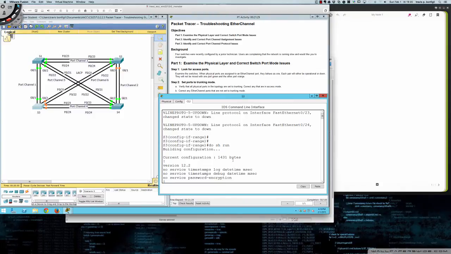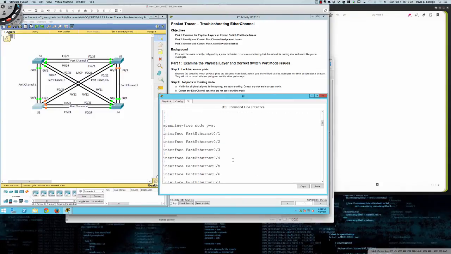Let's get to the top. Hopefully I still got the rollback, and we don't, but it should have been in order, so we're going to say port channel 4. So we're going to say channel group 4 mode active.